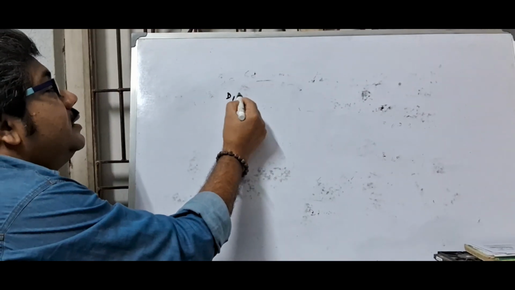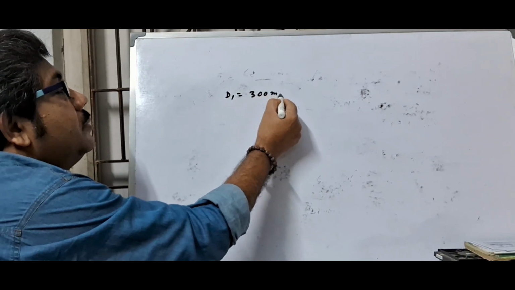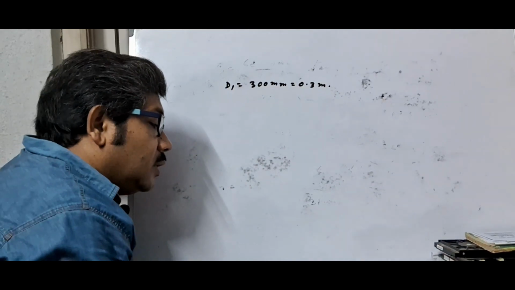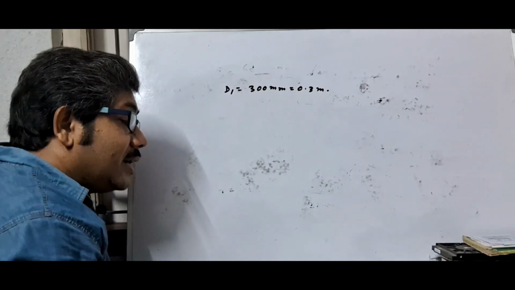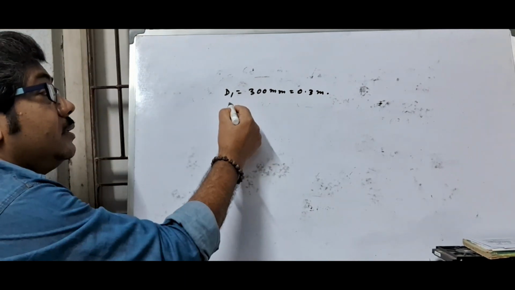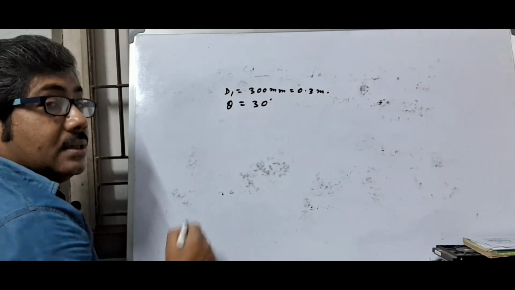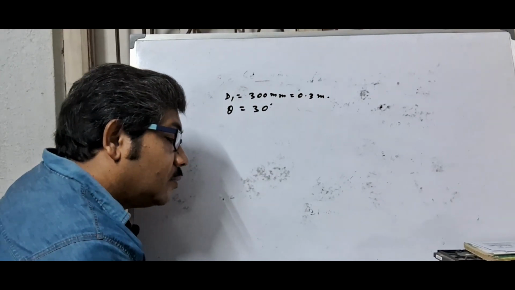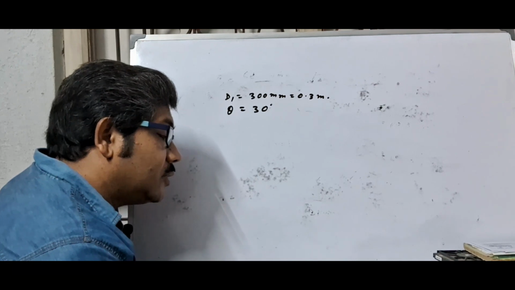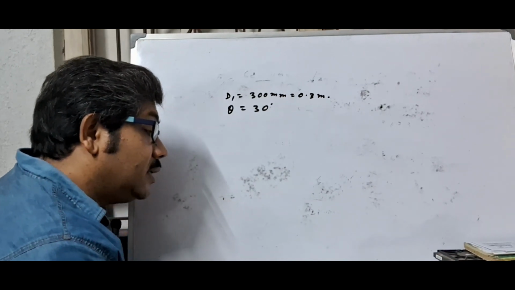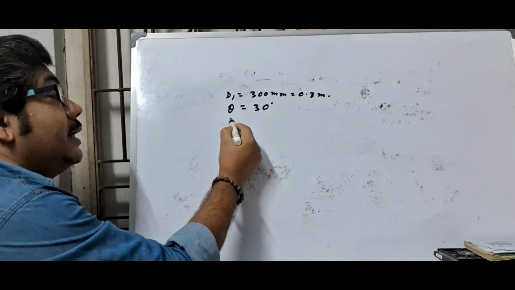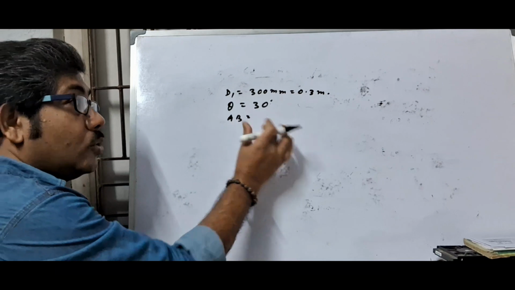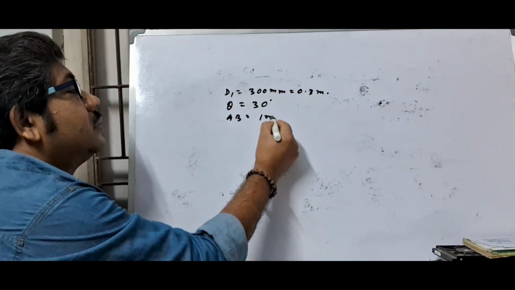That means D1 equal to 300 millimeter, that means 0.3 meter. The meter is at 30 degree to the horizontal. Remember, this is theta, 30 degree. The throat section is 1 meter from the entrance, that means AB, the distance between entrance and throat section, is 1 meter.